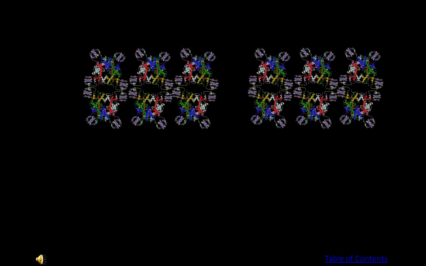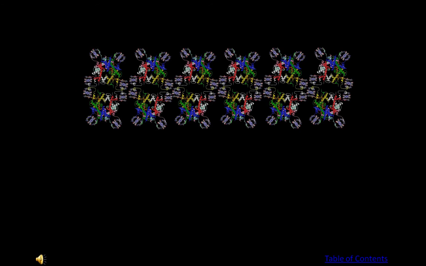If two adjacent 30 nanometer fibers encounter one another along their long axes, this model predicts a salt bridge interaction between the first and second fiber, which is precisely the same sort of charge-charge interaction as the one seen between the histone octamer cores inside the same fibers.